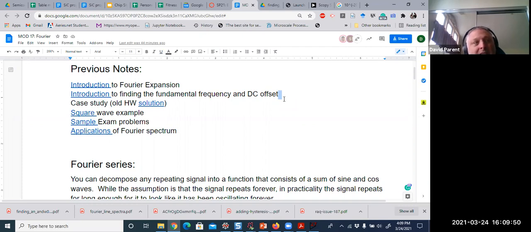If a function is even or odd, it'll be composed of either cosines or sines. So right off the bat, if you can tell if it's even or odd, you can get rid of half the work. And you can actually delay it to the point where it is even or odd.